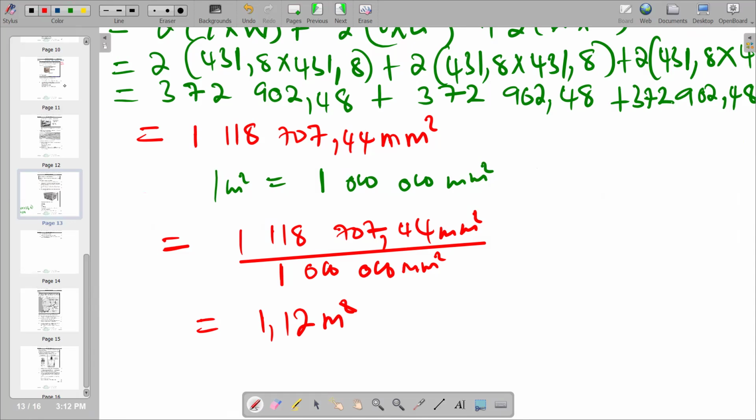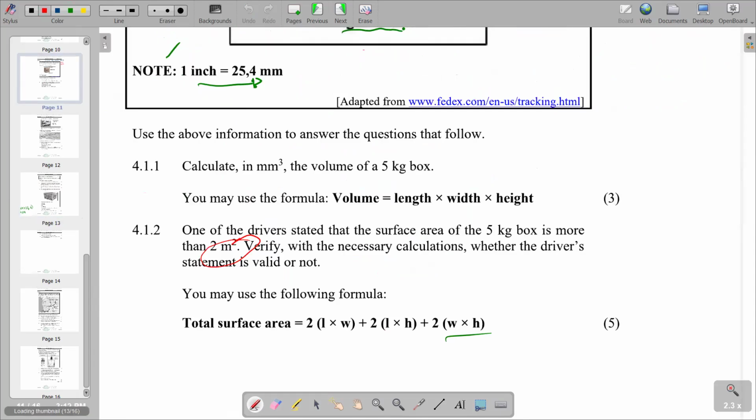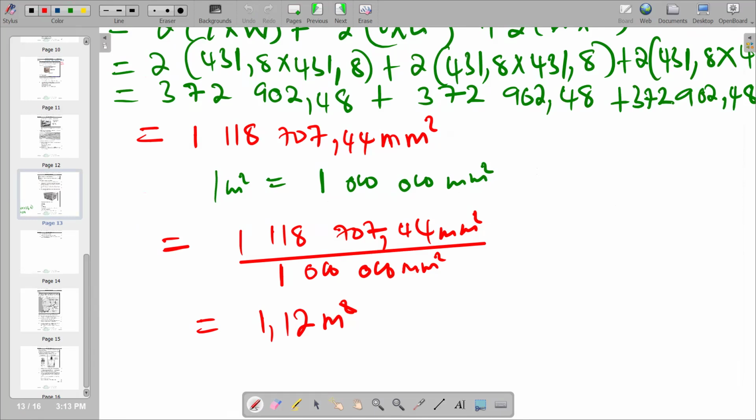So we check again, what does the statement say? The statement says the surface area of the 5 kg box is more than 2 meters squared. So you'd see that this is not true, as the surface area that we have got there is less than 2 meters squared.